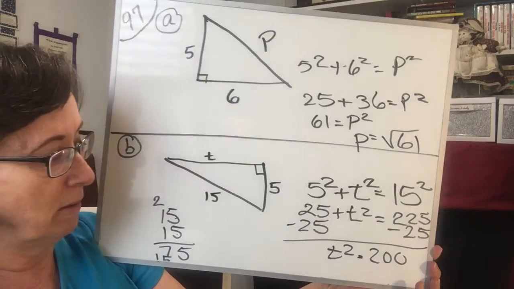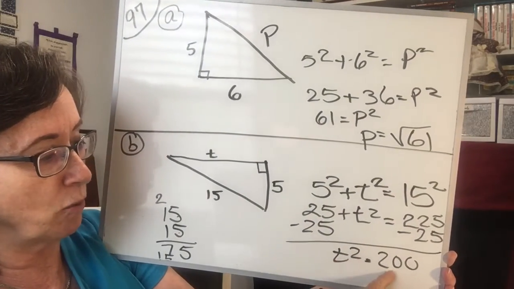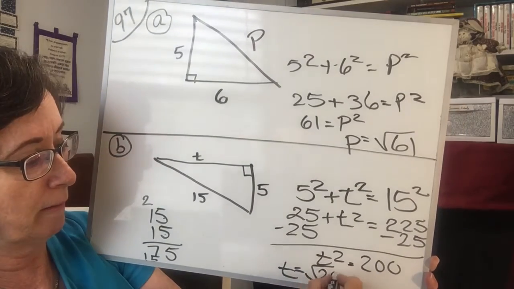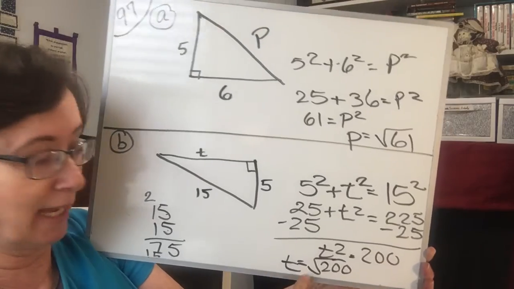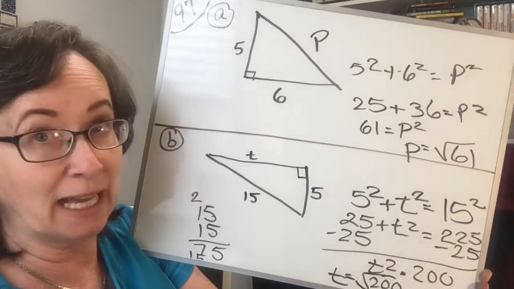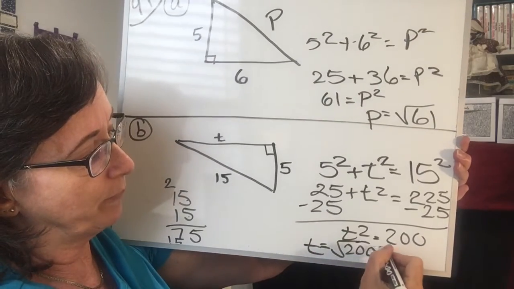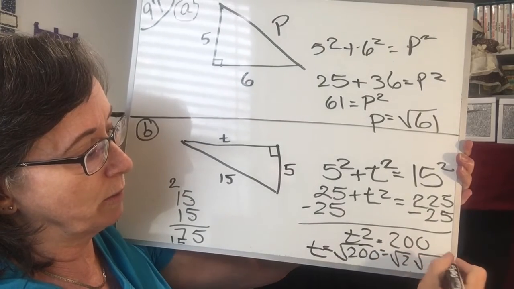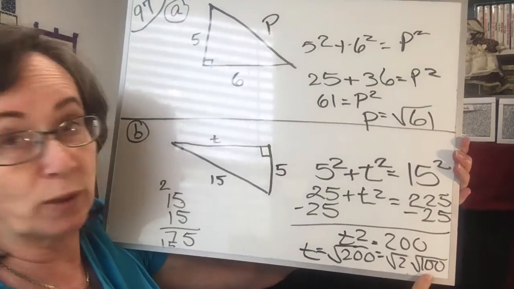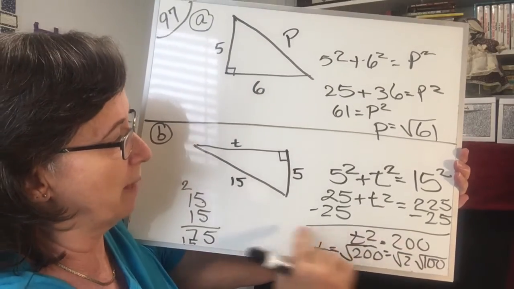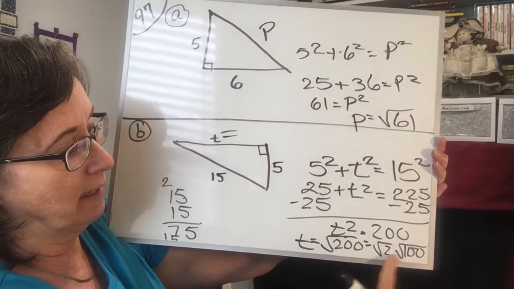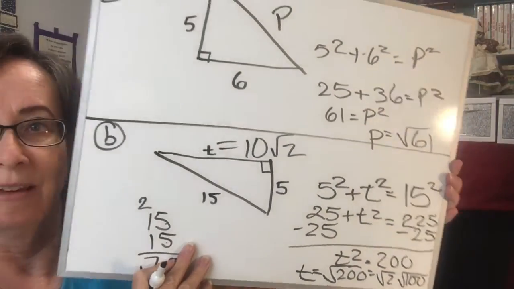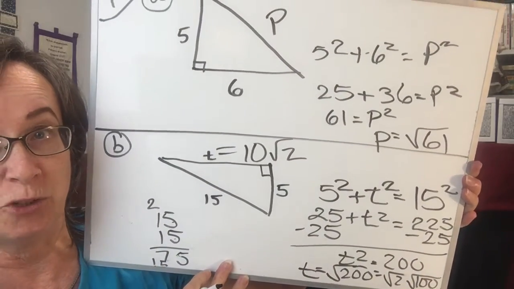Okay, so now we have a square that we're going to take the square root of. So we know that t is the square root of 200. But we're not going to leave it like that. We know that 200 can be split up into the square root of 2 and the square root of 100. Well, the square root of 100 is 10. So that means that t is 10 times the square root of 2. And those are your first two practices. Did you get them right?